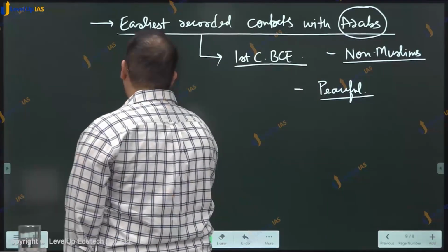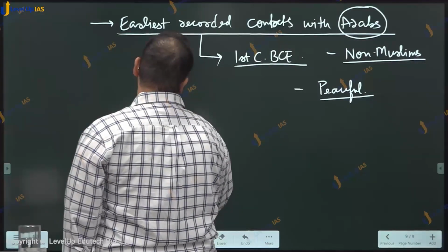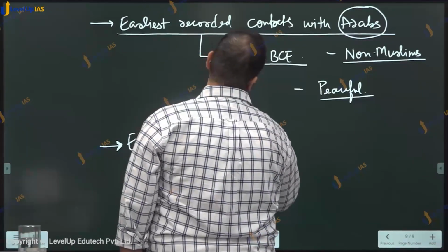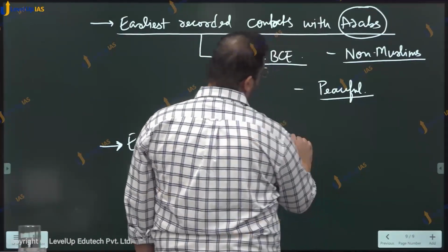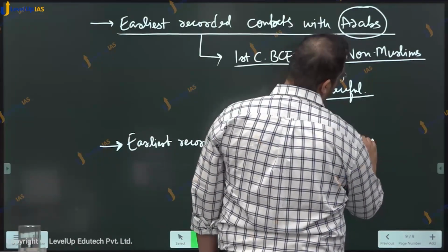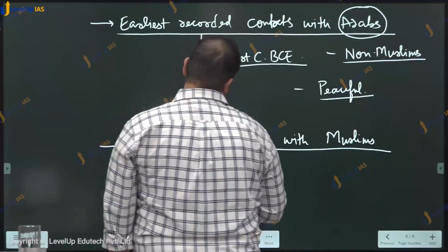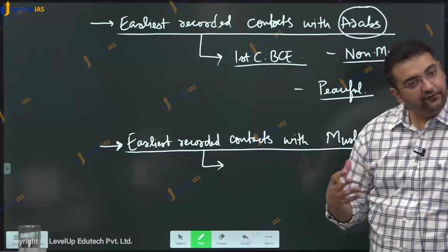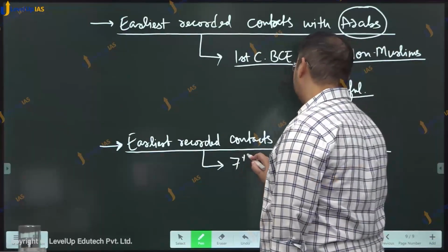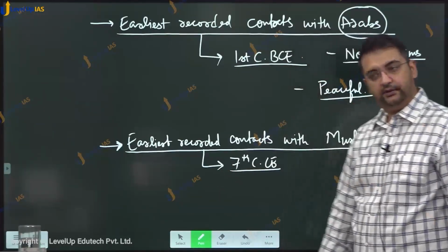Now the earliest recorded contacts of Indians with Muslims date back to the period immediately following the establishment of Islam, that is the 7th century CE itself. ठीक है.